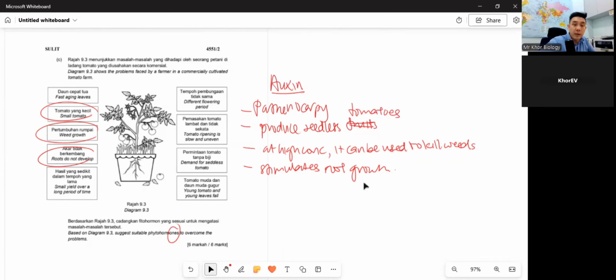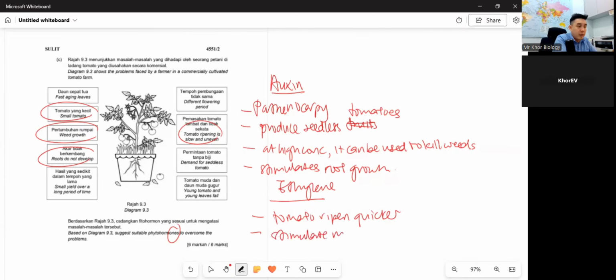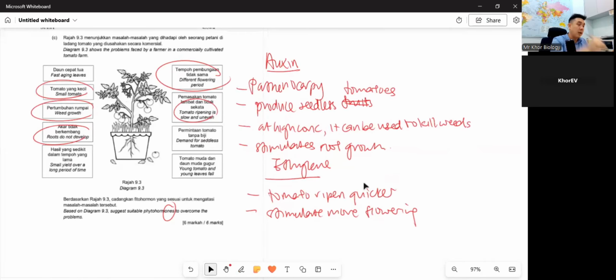Okay, next, we can also use ethylene because of the ripening. Ethylene can be used to ensure that tomato ripens quicker, and it can stimulate more flowering. This one is already here, parthenocarpy.